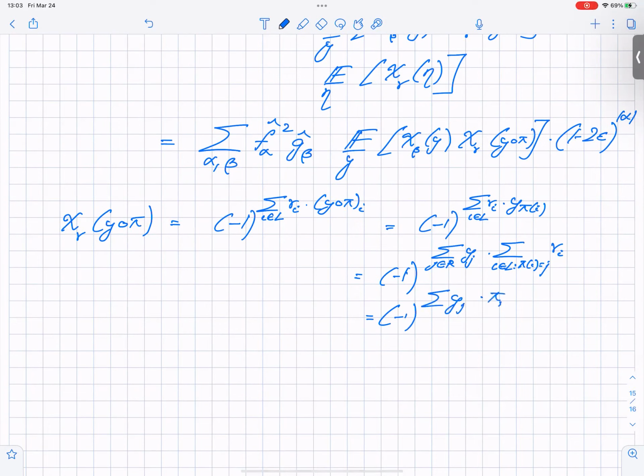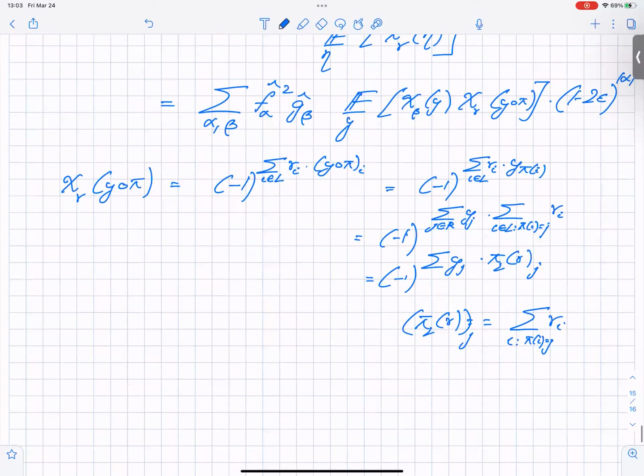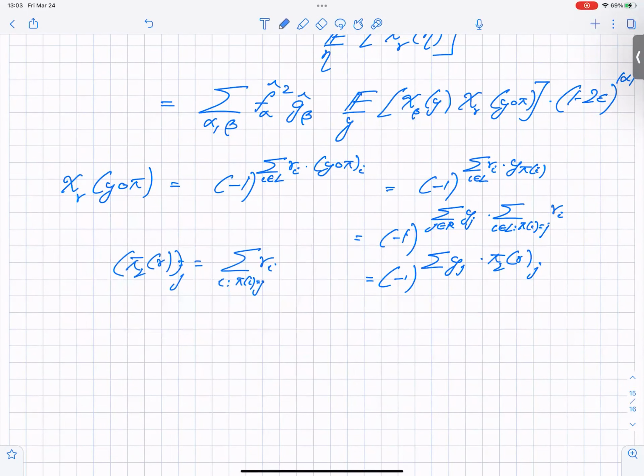Let's call this pi 2 of gamma of j, where pi 2 of gamma at any coordinate j is exactly whatever I have written there: the set of i such that pi i is j. So in other words, define this: this is (-1) to the power chi of pi 2 gamma of y.